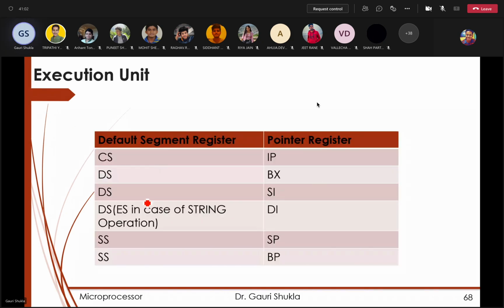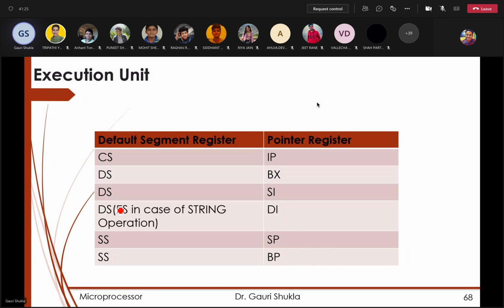So this is what you have to remember. With the code segment, I always have the pointer register IP. Both of them are present in BIU, correct? With DS, the data segment, I can use BX. With the data segment, I can use SI, DI.